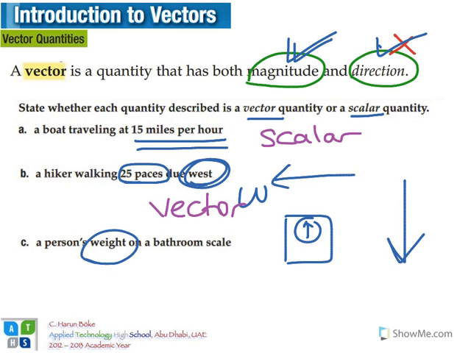So it has a direction. The number we see on the scale is the magnitude, and since it depends on gravity, it has a direction downwards, so weight is a vector quantity.